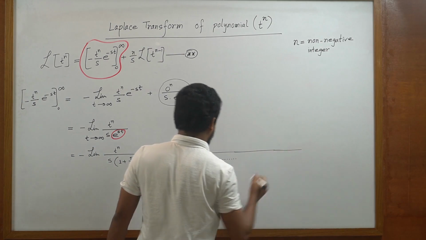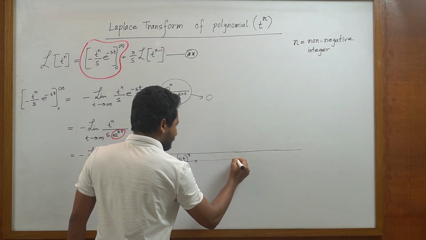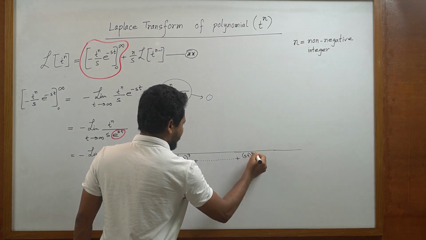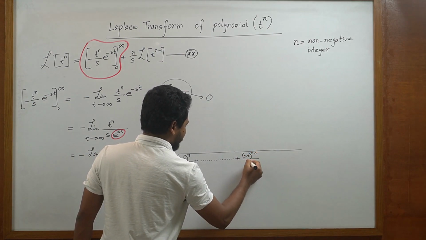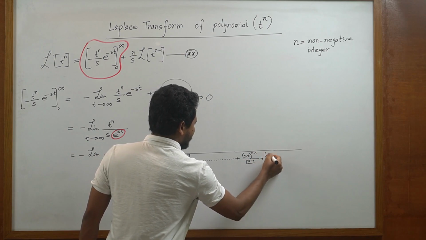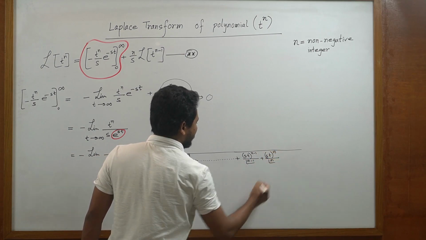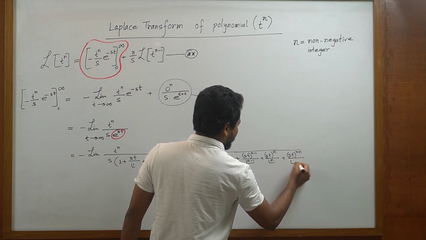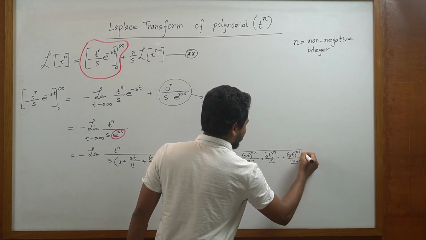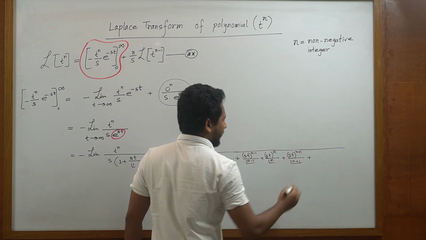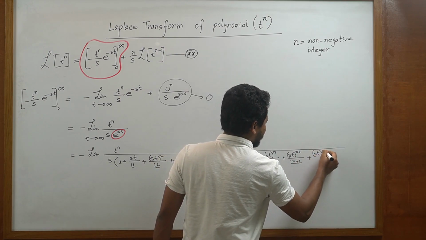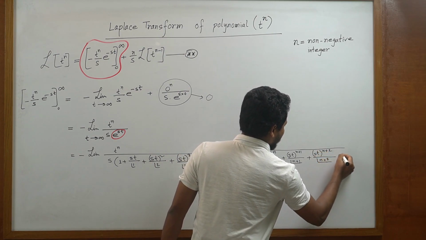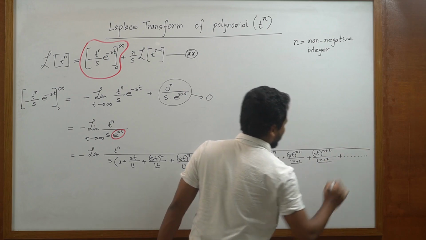We will get st to the power n minus 1 by factorial n minus 1 plus st to the power n by factorial n plus st to the power n plus 1 by factorial n plus 1 plus st to the power n plus 2 by factorial n plus 2 and so on.